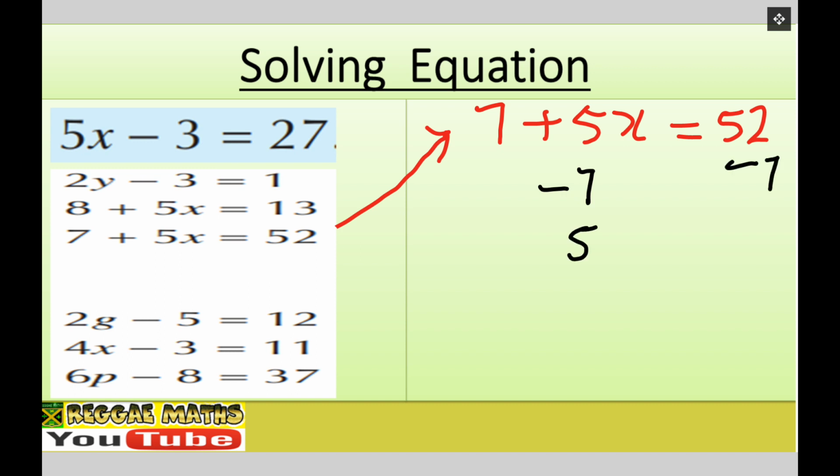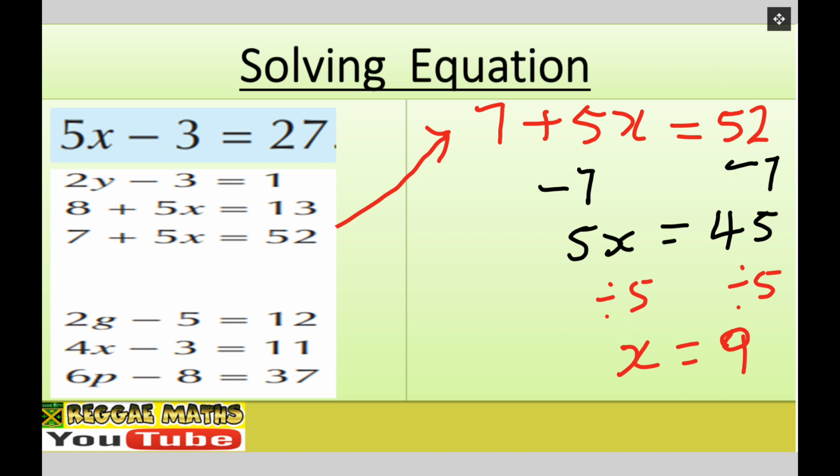You have 5x equals 45. Divide both sides by 5. So 5 into 5x is x, and x equals 9.